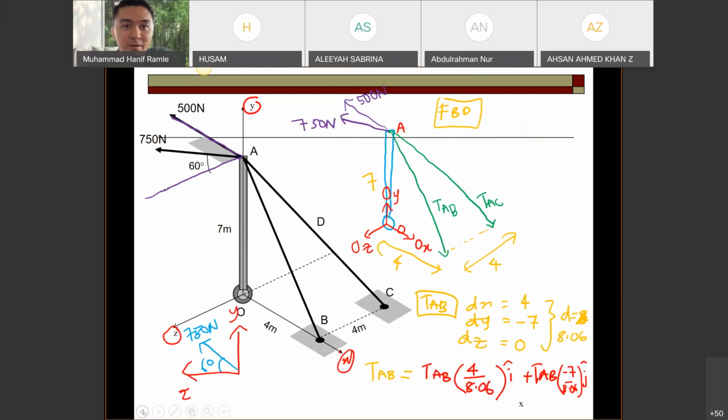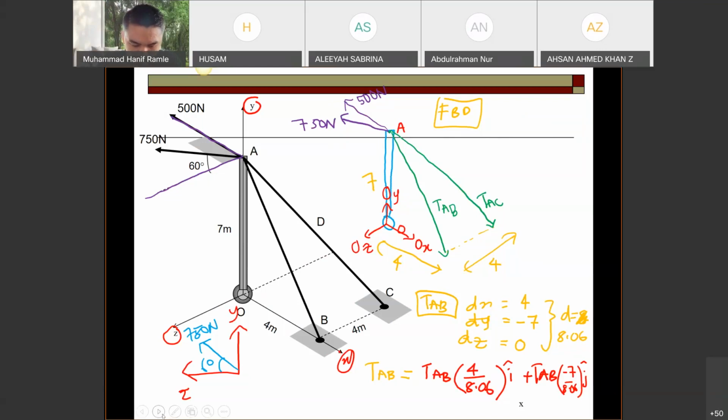Yes, one on X, correct. There is only one component for 500 Newton. You can see the plane there, the purple line that I drew for you. So it is on the XZ plane, so there is no component for Y and no component for Z. Only one component, which is the X component.